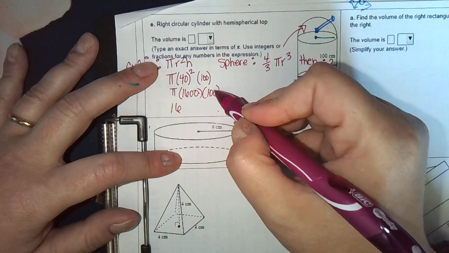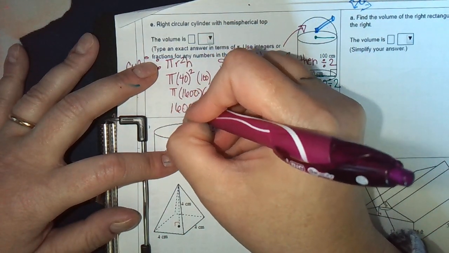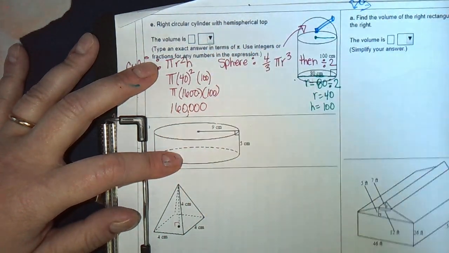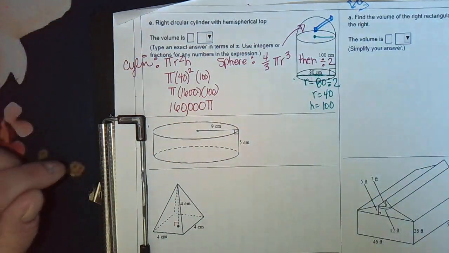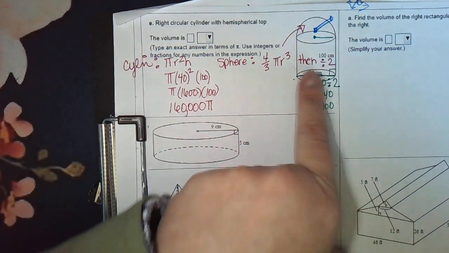That makes 16 with 4 zeros, or 160,000 with a pi on the end. So that's the volume of the cylinder.